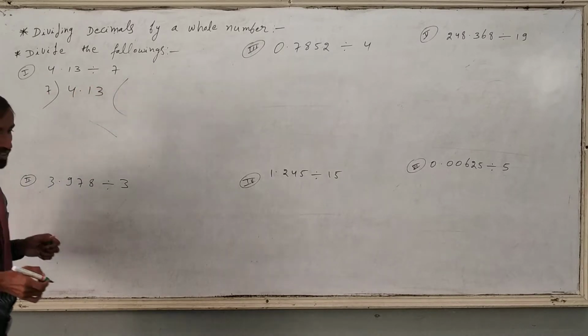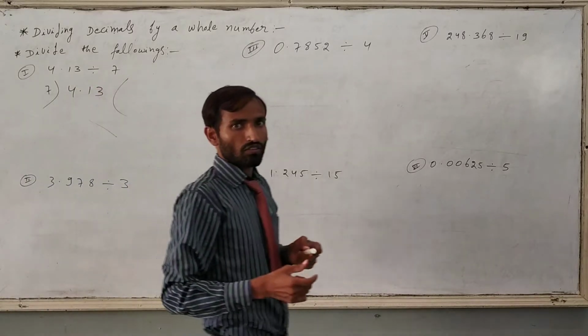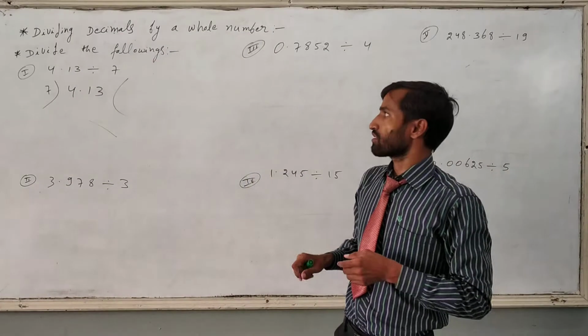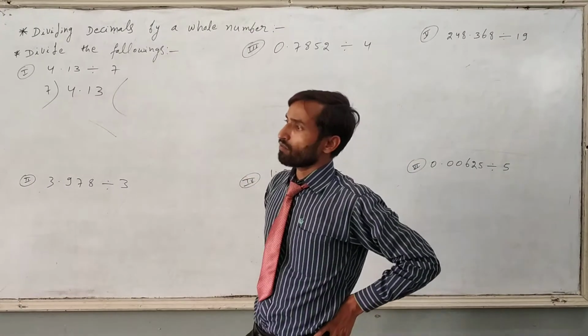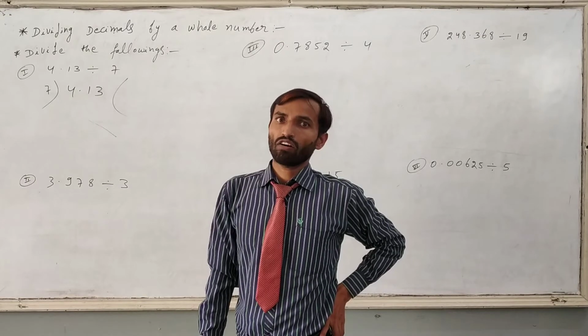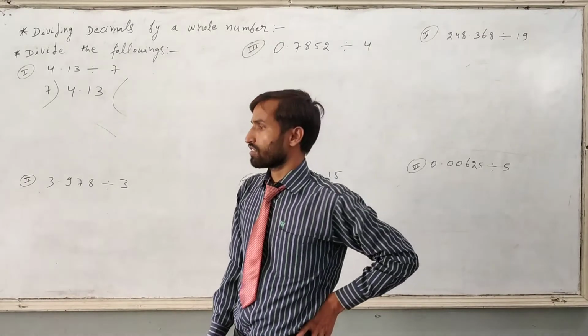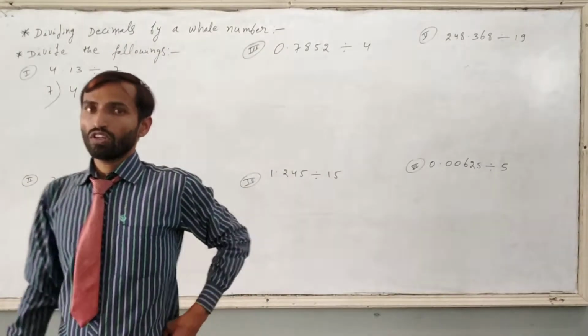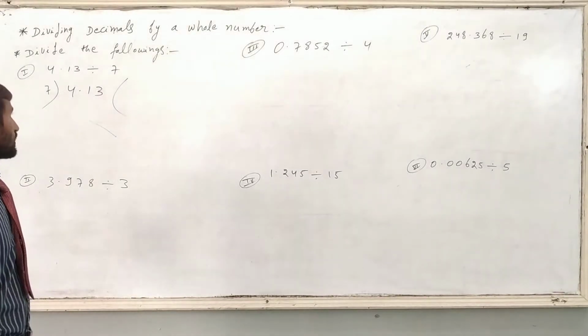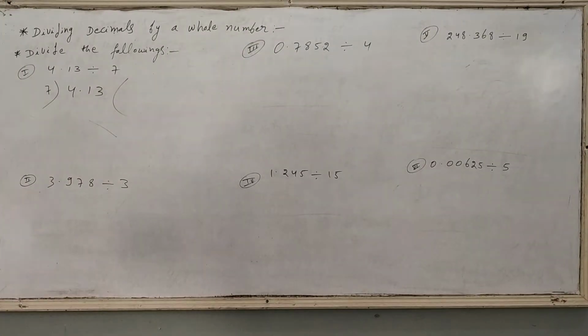In the previous class we have seen dividing any number by 10 or 100 or 1000, where we can directly put the point. But here there is no direct method. We have to do the actual division.